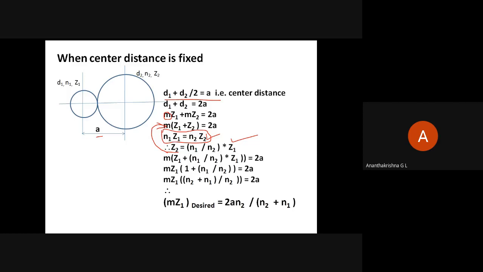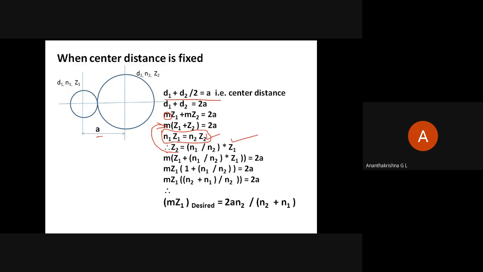I get M(Z1 plus N1 by N2 into Z1) is equal to 2A. Now Z1 has become common in both terms, so take Z1 out. What I am going to get is MZ1 (1 plus N1 by N2) is equal to 2A.